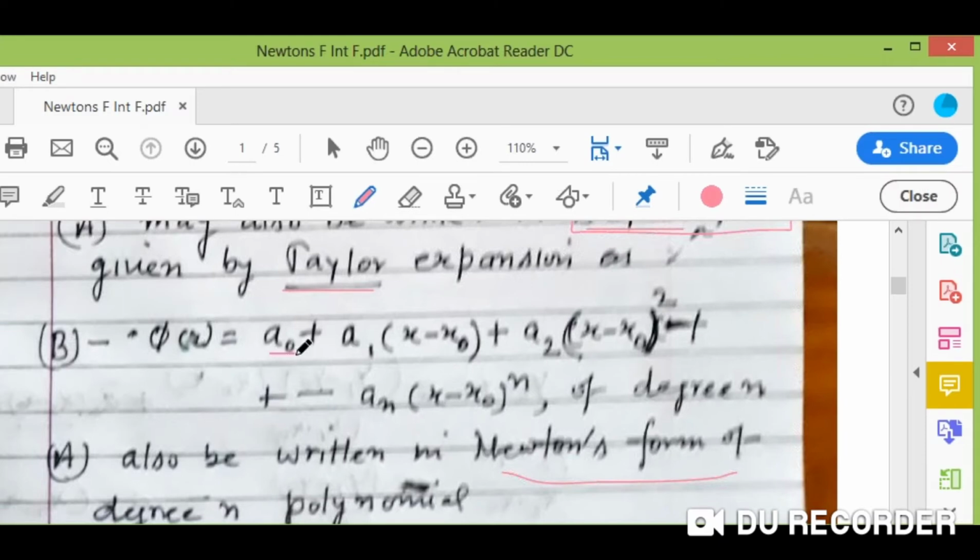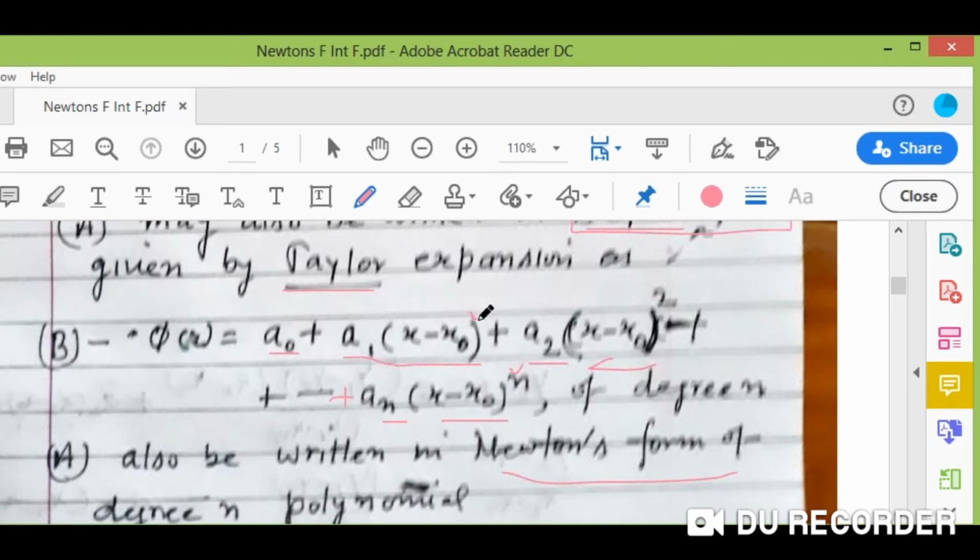a naught plus a1 (x minus x naught) plus a2 (x minus x naught) squared, and so on, and the last term is an multiplied by (x minus x naught) to the power n.